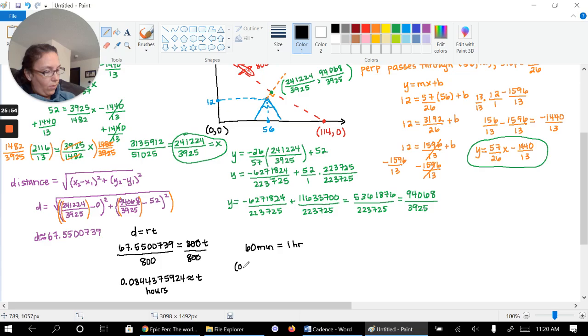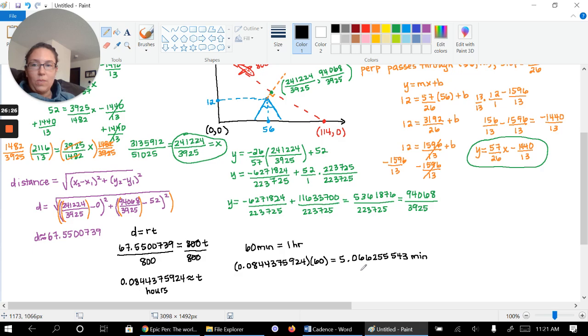So I'm going to take 0.0844375924, and I'm going to multiply that by 60. And that gives me 5.066255543 minutes. And then, of course, however it tells us to round that answer, we can certainly do that.